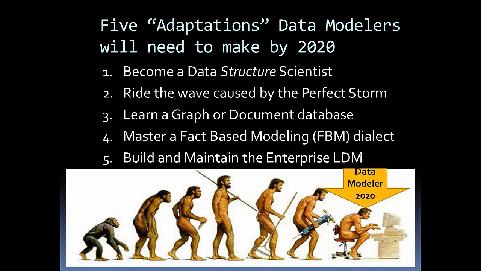Ride the wave caused by the perfect storm. So when agile, cloud, and big data come along, we could ride that wave. We could come up with agile modeling techniques. We could come up with ways to reduce the amount of time it takes to build a system through templates. We could practice influencing skills, for example.